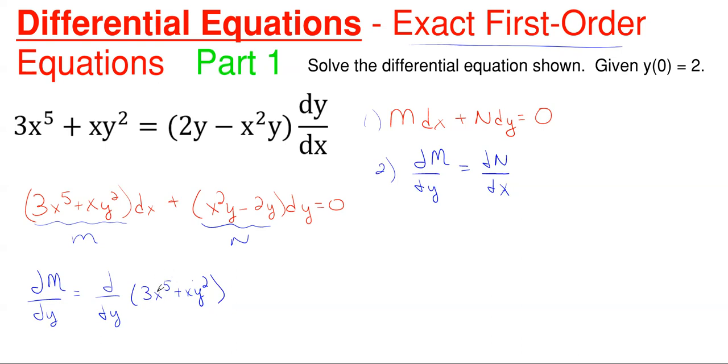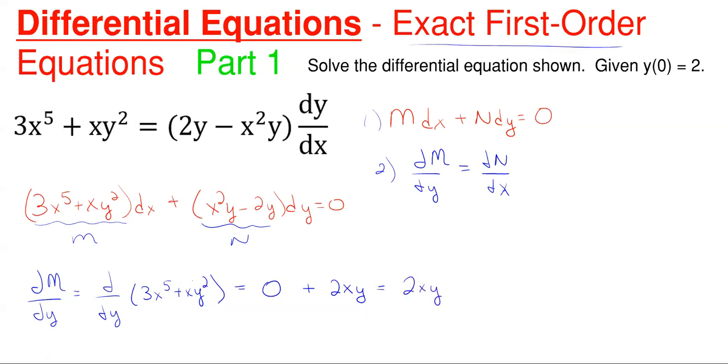So this first portion does not have anything with y. It is just 3x to the 5th, so that first portion becomes 0. And then for my second one, we treat x as a constant, and we're only taking the derivative of y squared, which would be plus 2xy. So essentially my M, taking the partial derivative with respect to y, we end up with 2xy.